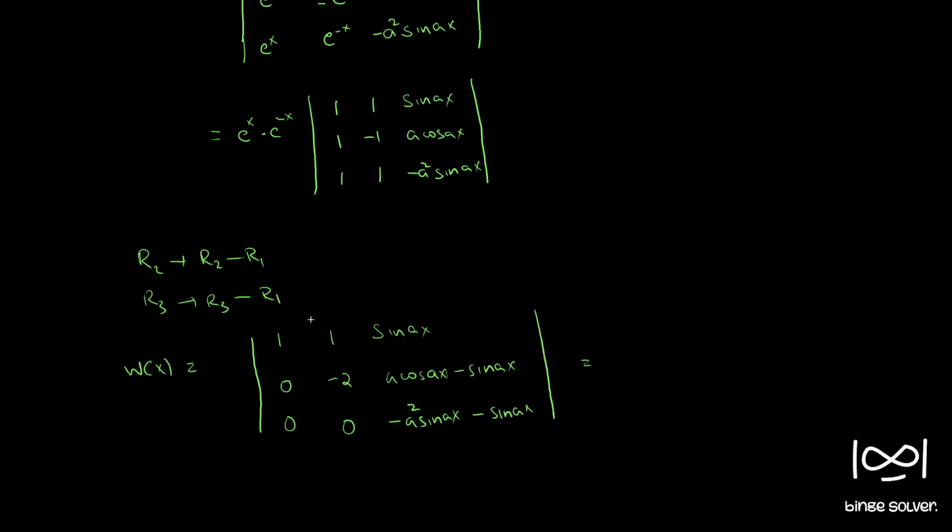If we expand, we get minus 2 sin ax, and minus 2; if we take minus sin ax common, we get a square plus 1.